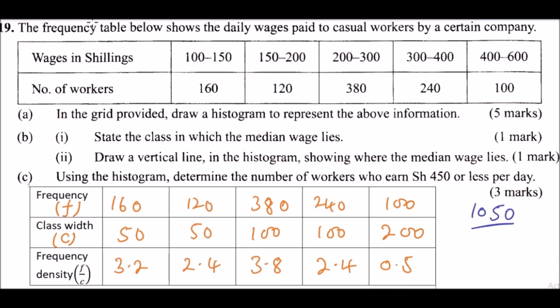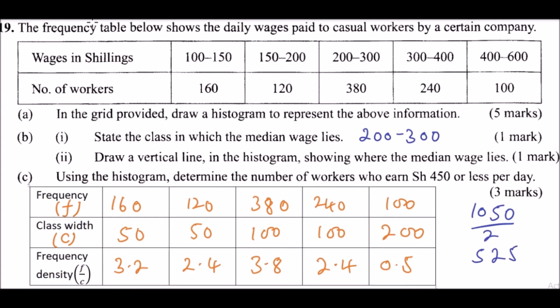So you divide by 2, you'll be able to get 525. So that is where the median wage rise. So the class is 200 to 300. So that's how you answer that, and you get 1 mark.